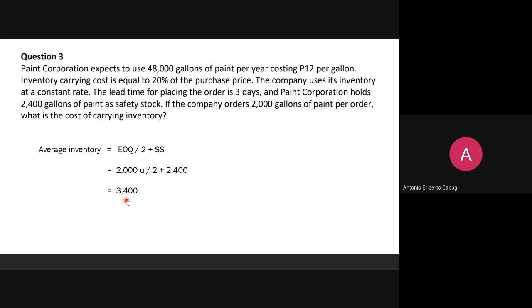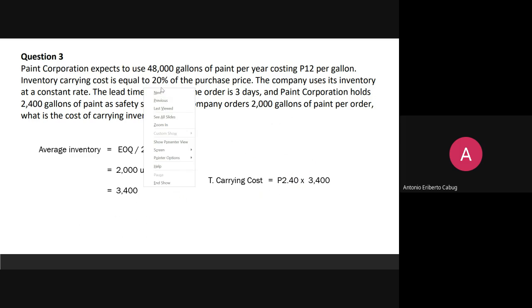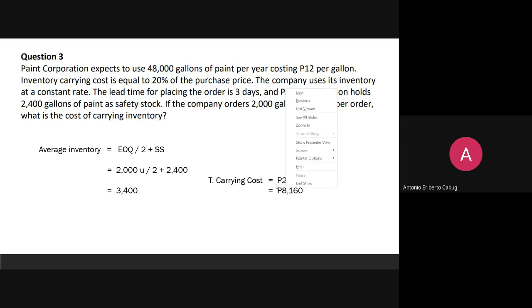Ngayon, bawat unit ng inventory na hawak mo, gagastos ka ng 20% of 12. 20% of 12 is 2.40. No? Carrying cost is 20% of the purchase price 12, 2.40. Times 3,400, 8,160. Very good indeed. That's the correct answer. 8,160. Okay?